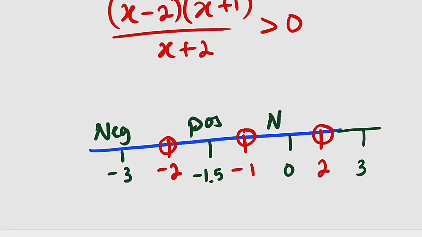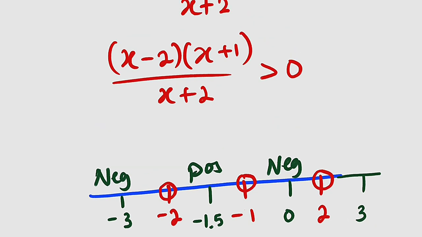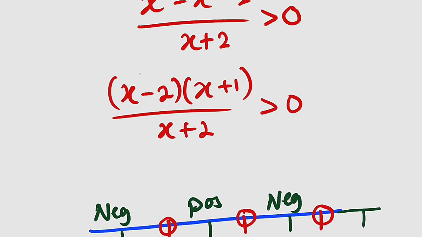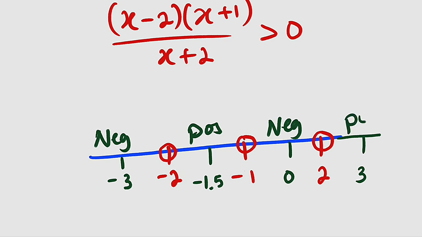So we have negative here. Then lastly, we check 3. 3 minus 2 is 1, which is positive. 3 plus 1 is positive, which is 4. 3 plus 2 is 5, which is also positive. You can see everything is positive here. So we have positive here.